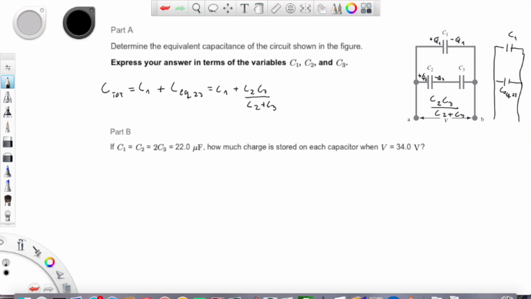This happens because when charge Q2 is brought to this plate, it will attract the same amount of negative charge here and repel the equivalent amount of positive charge away, and in fact to this plate. So here we have also plus Q2, and on this other side minus Q2.